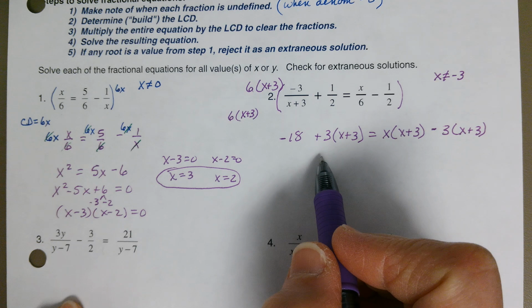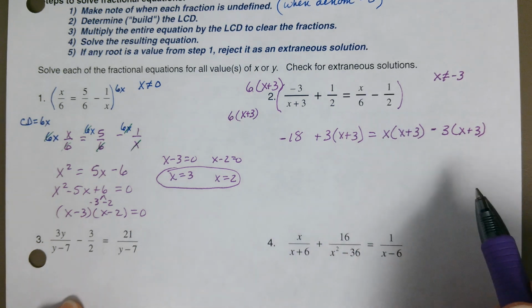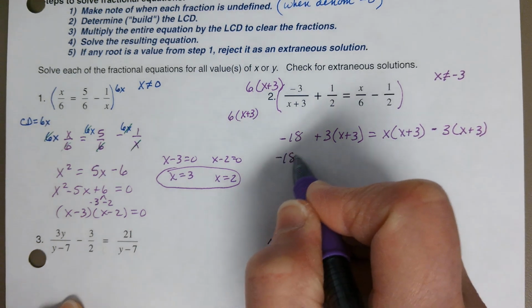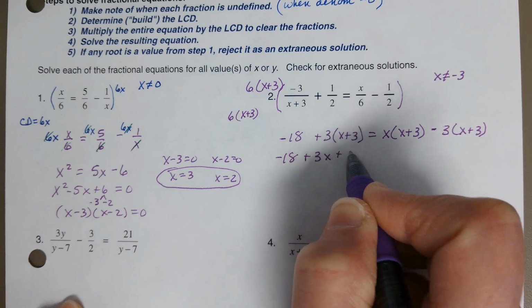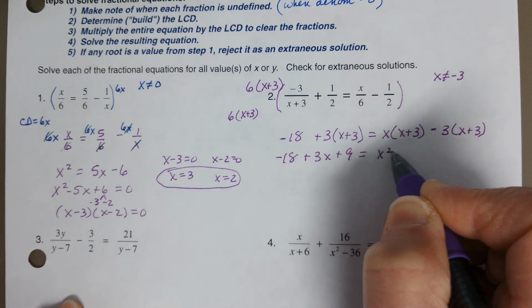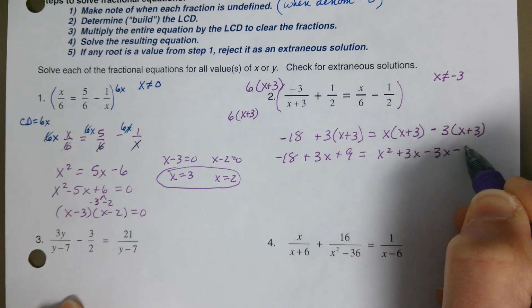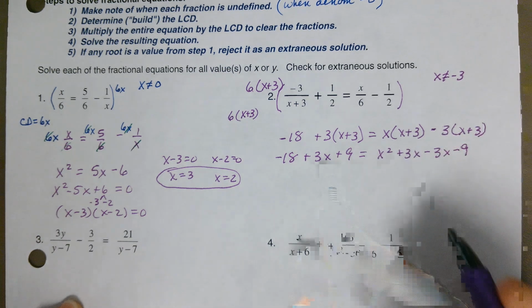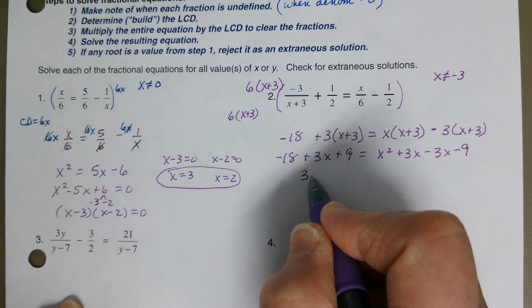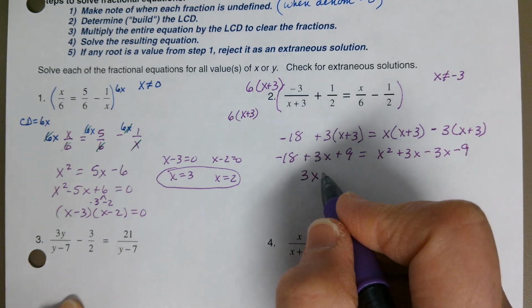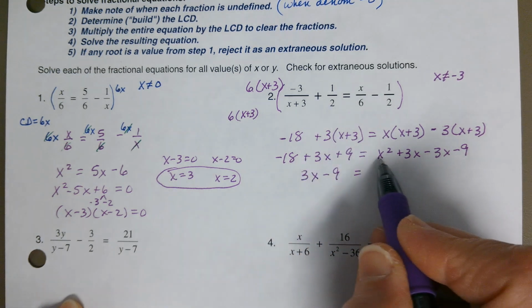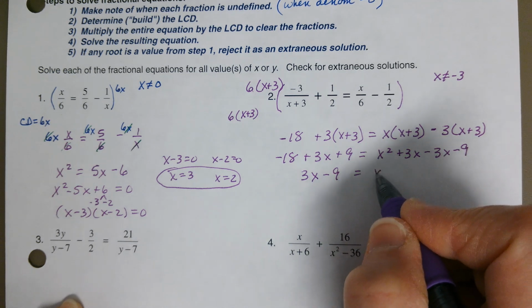Distribute and combine like terms on the left-hand side and then on the right-hand side. Left-hand side I have 3x minus 9, and on the right-hand side x squared minus 9.